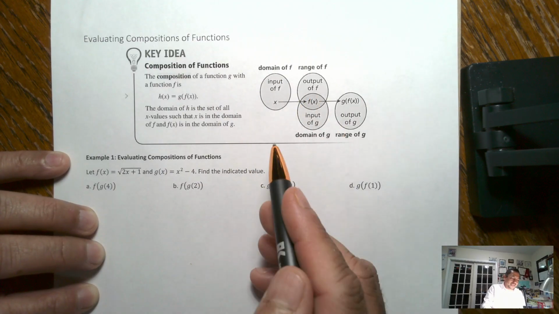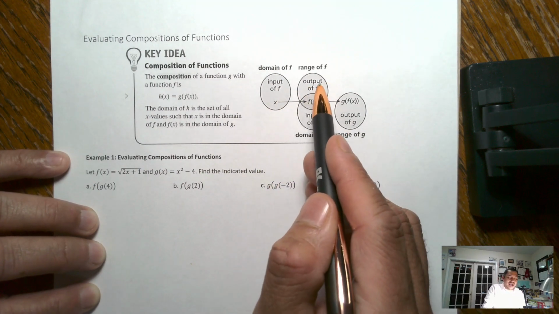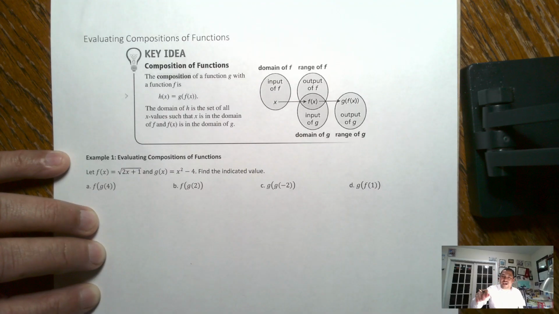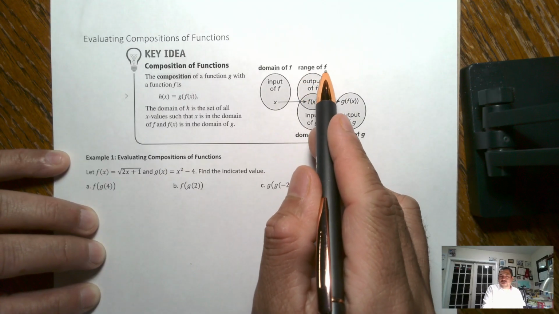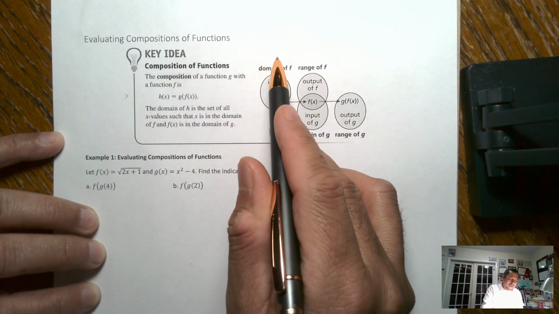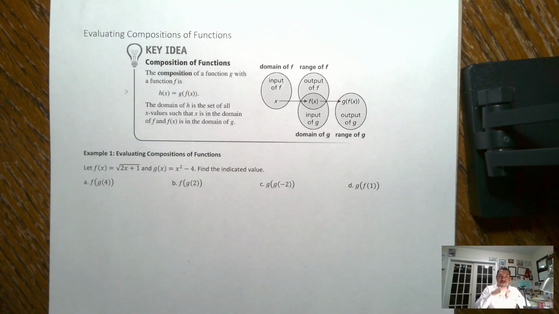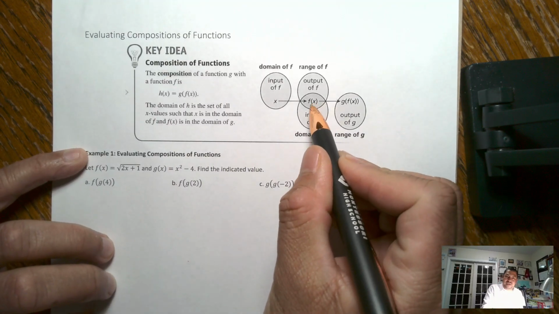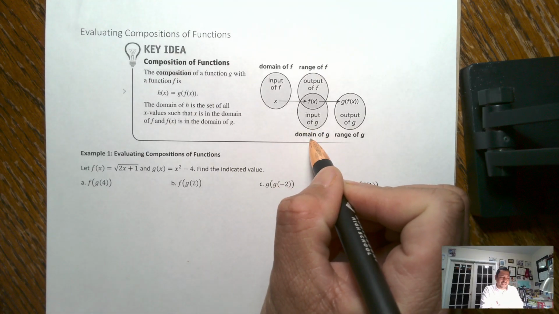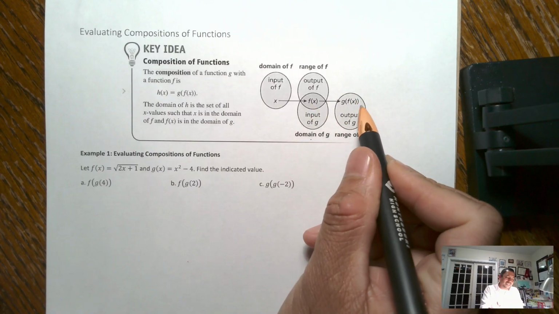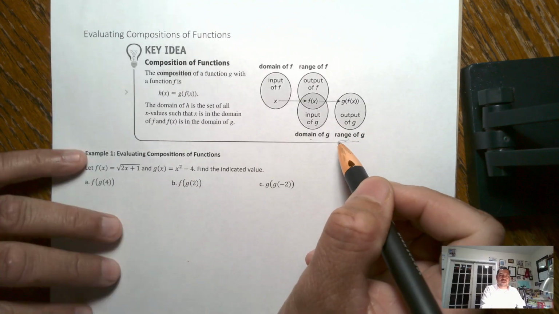We have a diagram here. So you have your input of f, in this case x. The output, whatever is coming out of f(x), is going to be the range of f. So I have the domain of f, and this is the range. But remember, it's a composite function, so this f(x) is going to be the input of the function g, which is the domain of g. And then what we're going to have is the output of g, which is the range of g.